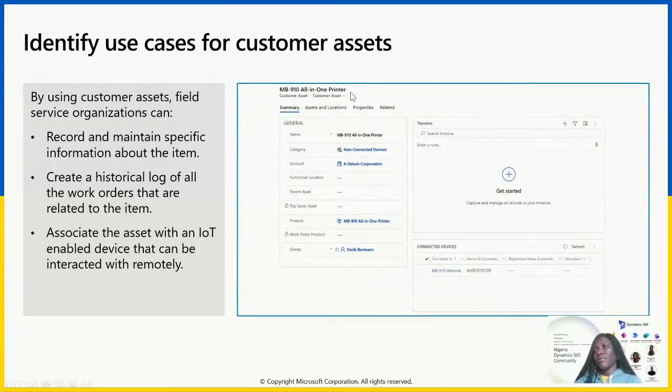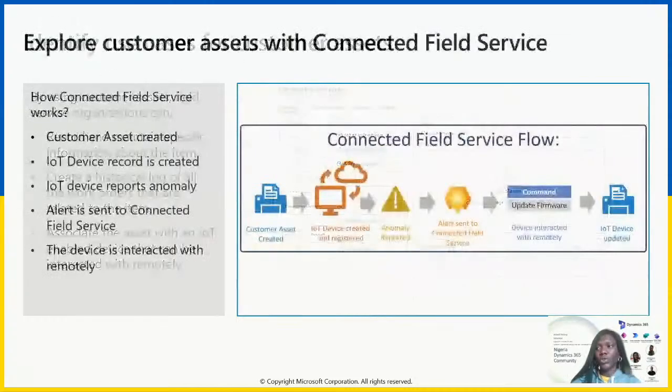So you can maintain information about the assets that you manage for your customer. You can have a historical log of all the work orders that have been raised relating to that particular item. And if there's any associated IoT-enabled device that we can interact with remotely, you can also put it there. All of that information can be put in the customer assets. So anyone that comes in can have a view and a history of that customer's assets.